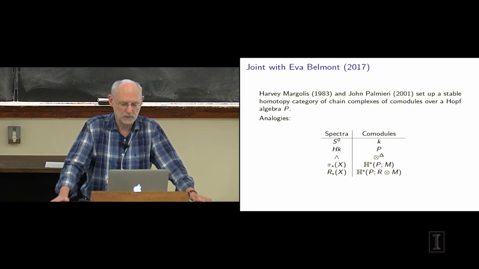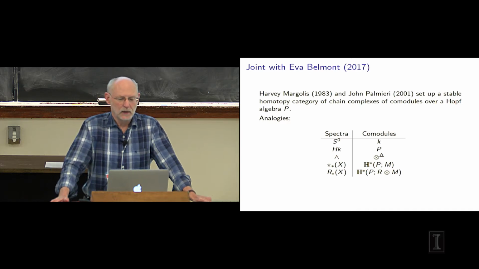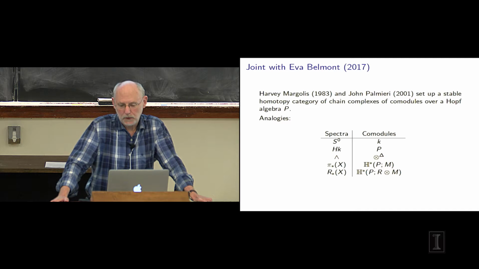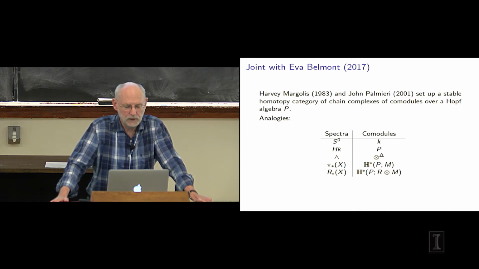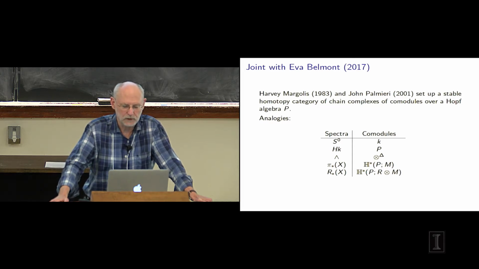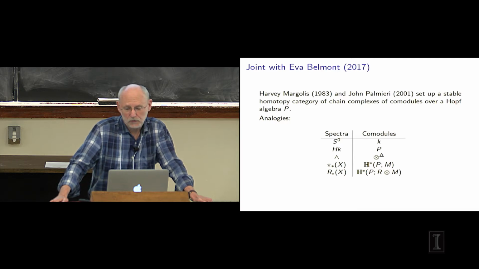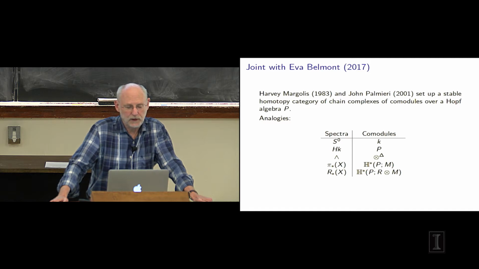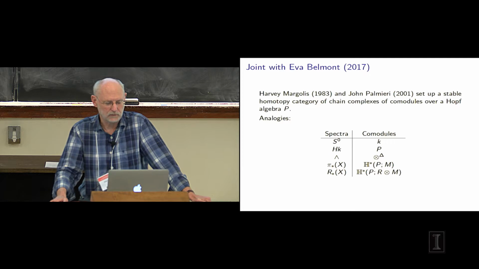Certainly Harvey's book is a big push in that direction. And John Palmieri has a book where he sets this up very carefully. So in this analogy, the sphere spectrum, the unit for the symmetric monoidal structure, is the ground ring, ground field. The Eilenberg-MacLane spectrum corresponds to the co-algebra itself. This is actually going to be valid for any Hopf algebra. Maybe I should say connective Hopf algebra.